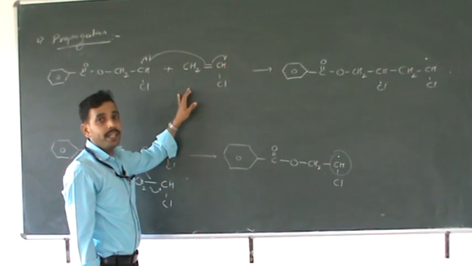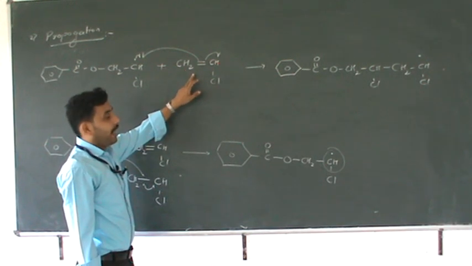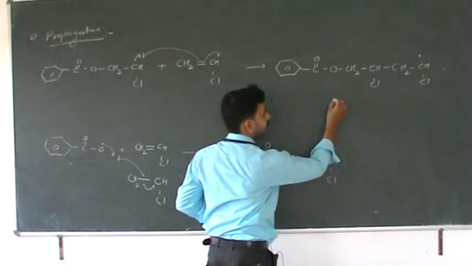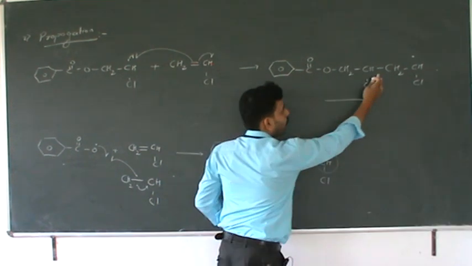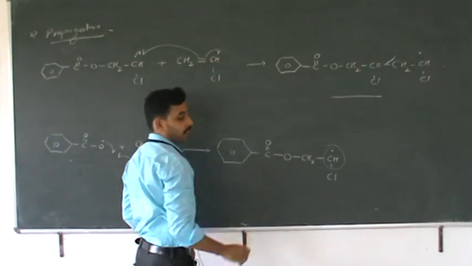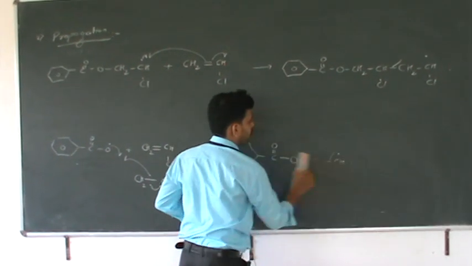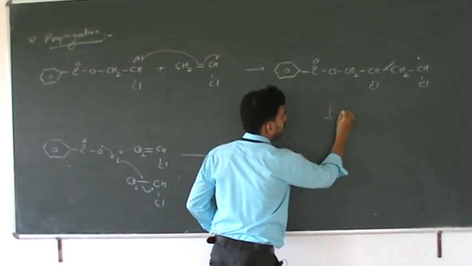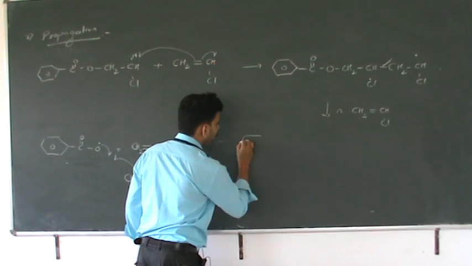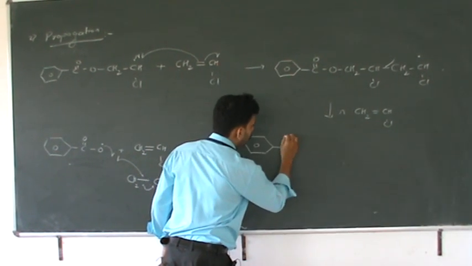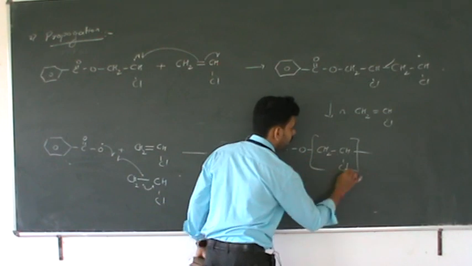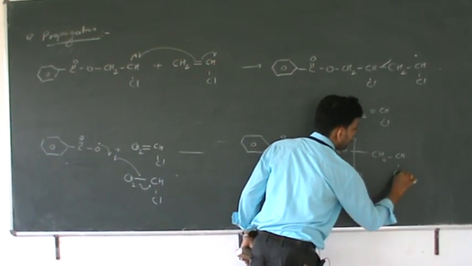So in every step of propagation, a vinyl chloride is added, and automatically the polymer chain becomes C double bond O O, CH2 CHCl, and n times CH2 CHCl radicals.